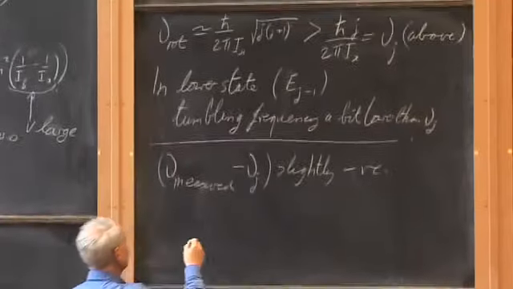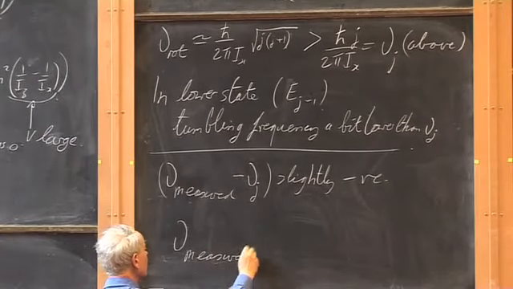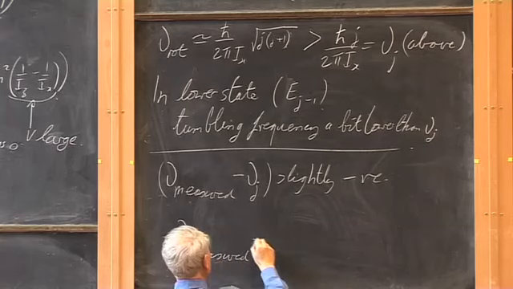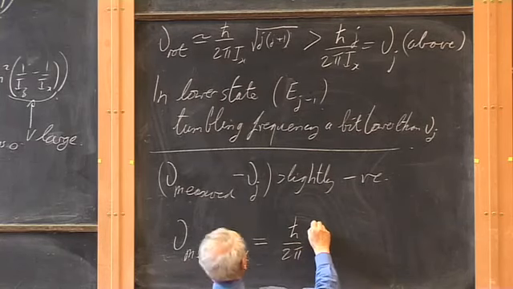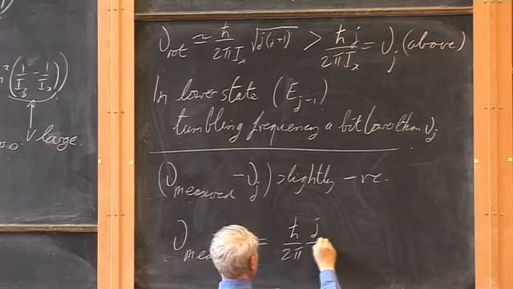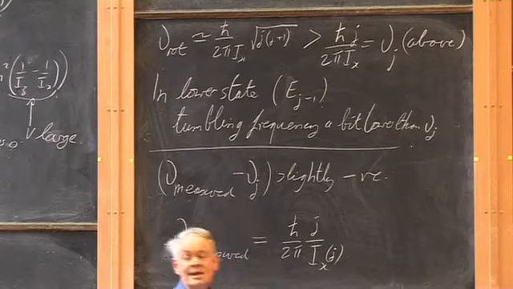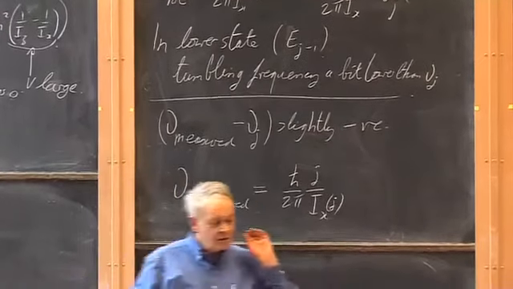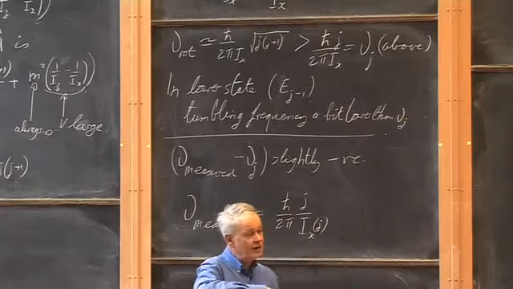And that's because nu measured is equal to, well, this is what you would think classically, h bar over 2 pi times j over I, which itself is a function of j, right? As you fire in circularly polarized photons, you make this molecule spin faster and faster end over end.